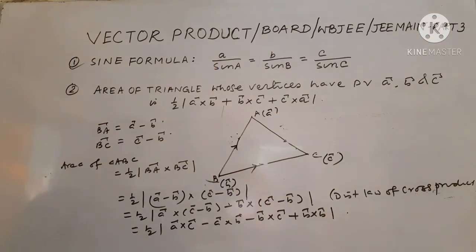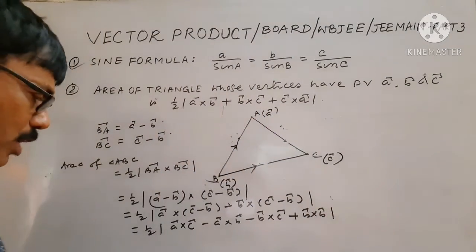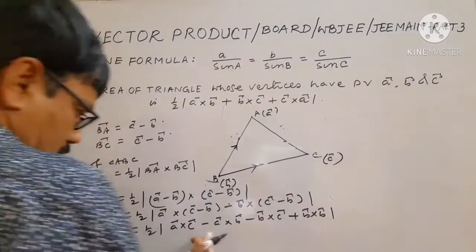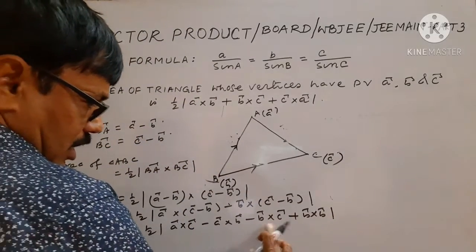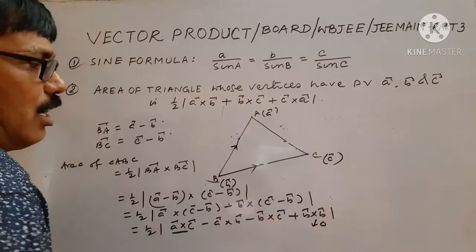Now B cross B is 0. So what we are getting, this is in cyclic order, this one is 0 and this is not in cyclic order.